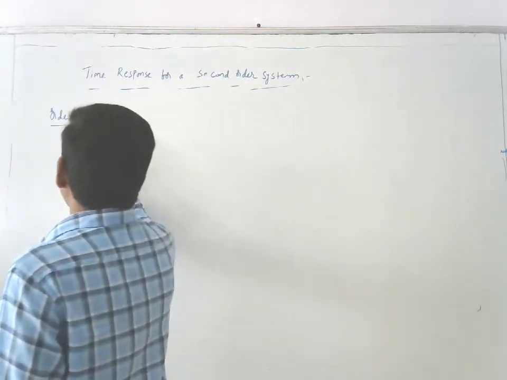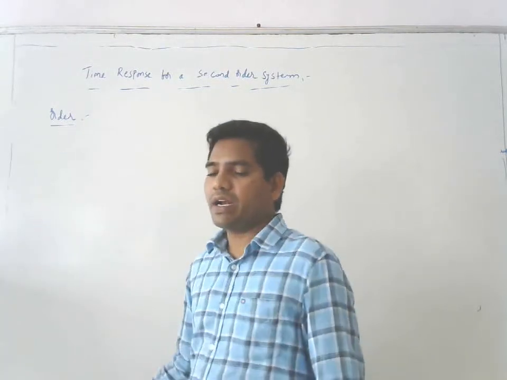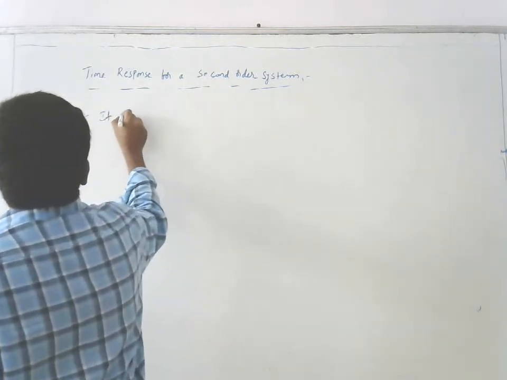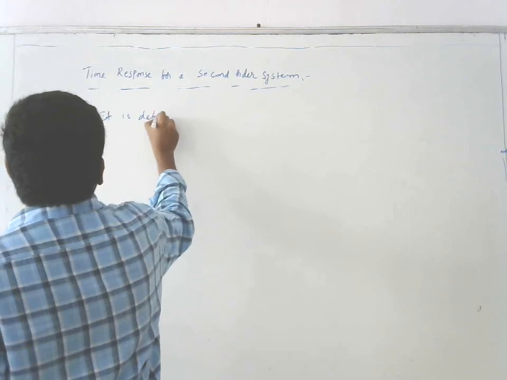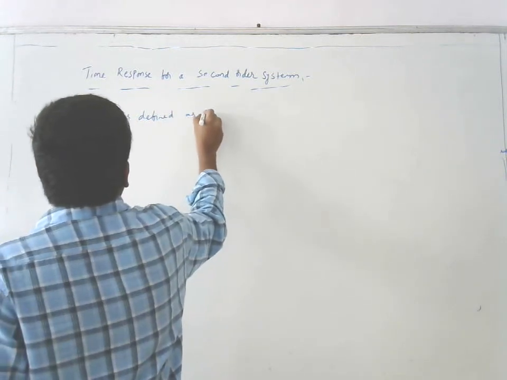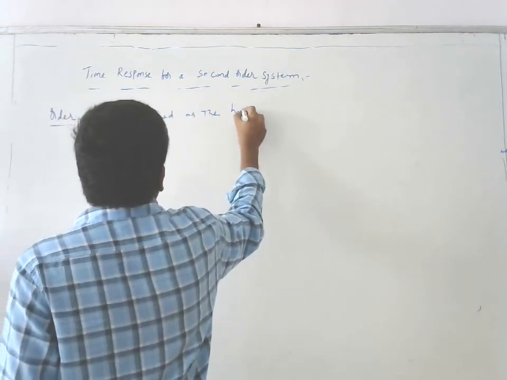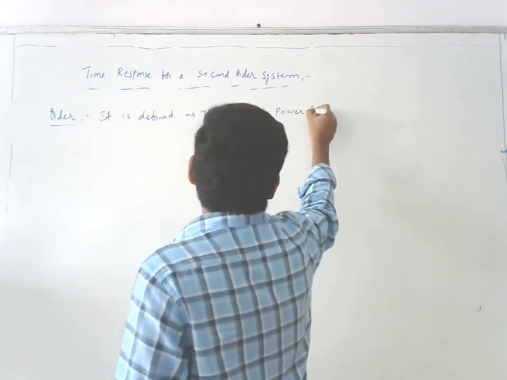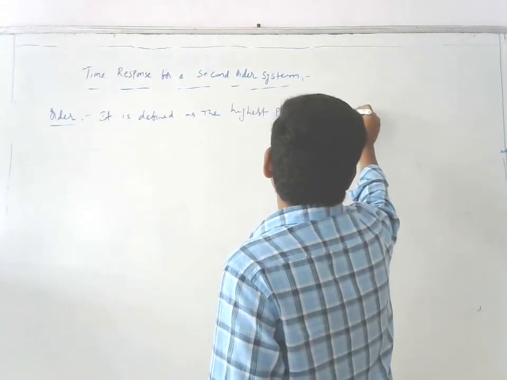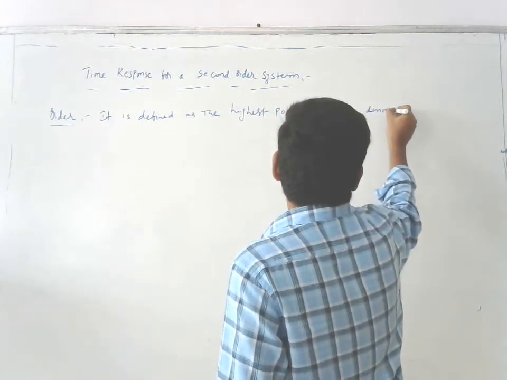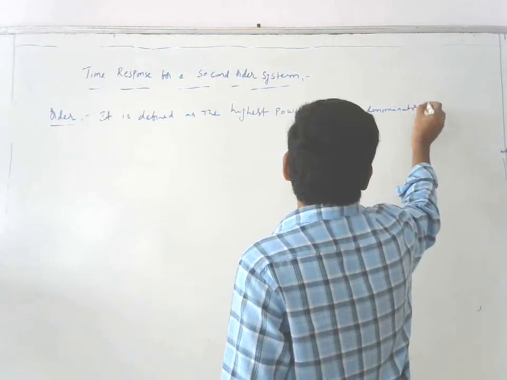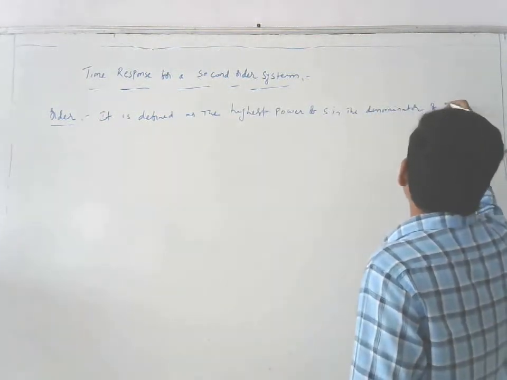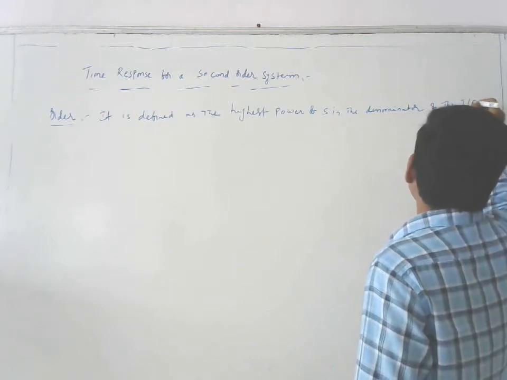The order of the system is defined as the highest power of s in the denominator of the transfer function.